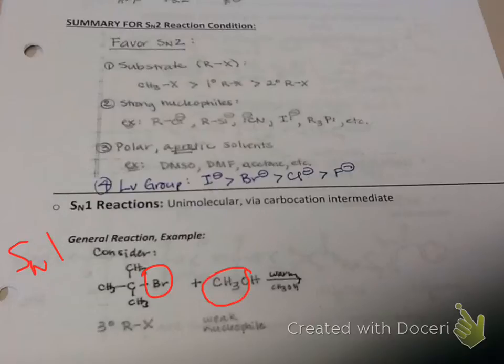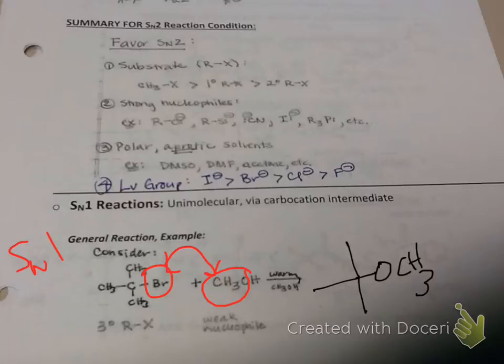The methoxy OCH3 group will be substituting the bromide, and the hydrogen will leave with the bromide to form the acid. So instead of t-butyl bromide, it will be the t-butyl group, there's that reactive carbon, and now it will be bonded to the OCH3 of the nucleophile. Okay?